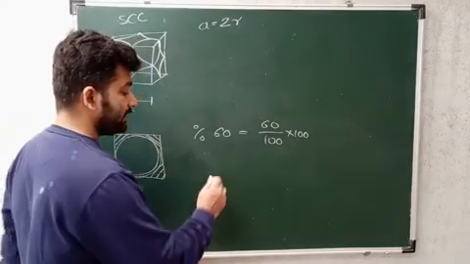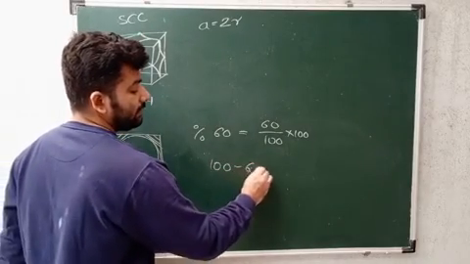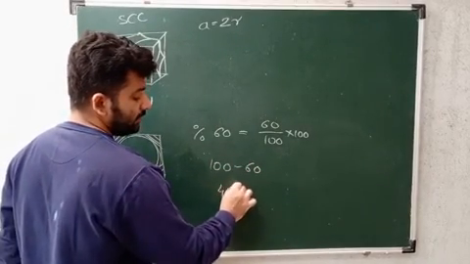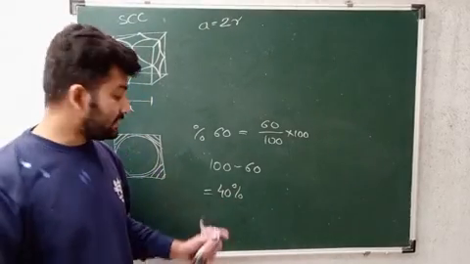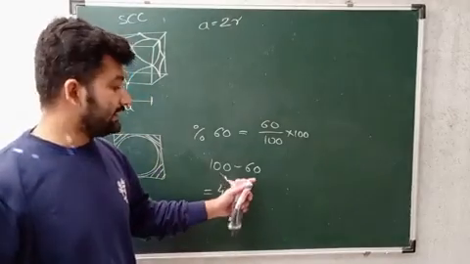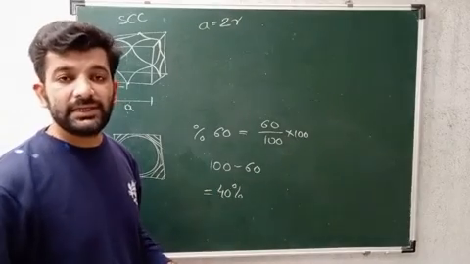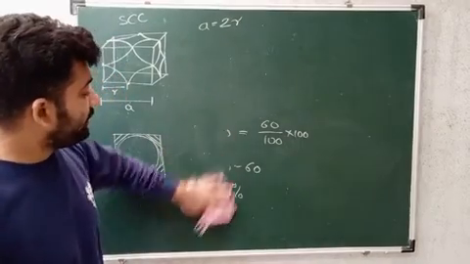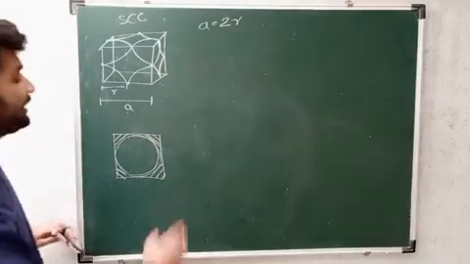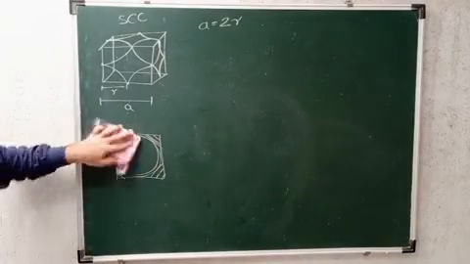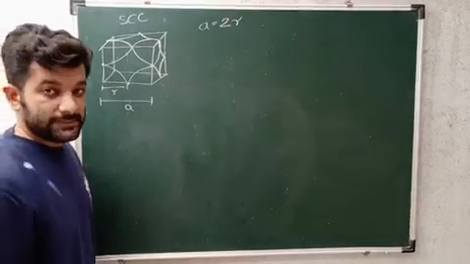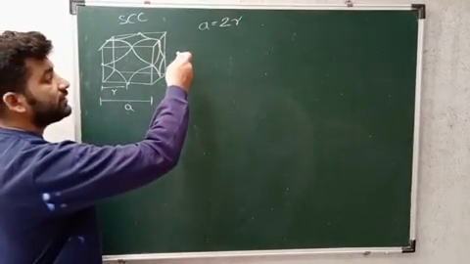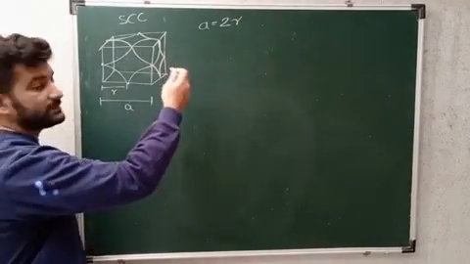For that I subtracted 60 from 100, so that gives me the percentage which I have lost, and the other is the percentage which I have gained in exams. Similarly, we are going to solve the derivation based on this concept. In this, we have to find out the percentage of void space. So first we need to find out the percentage of occupied space.